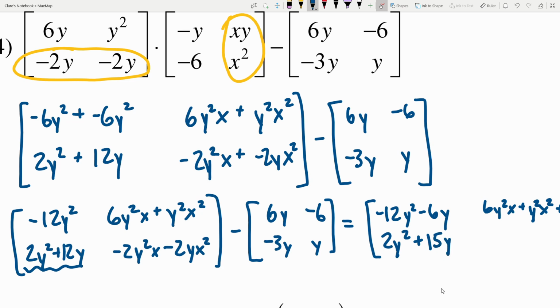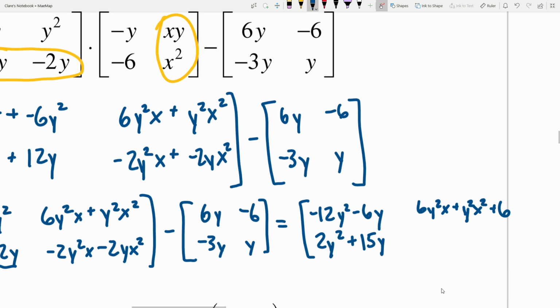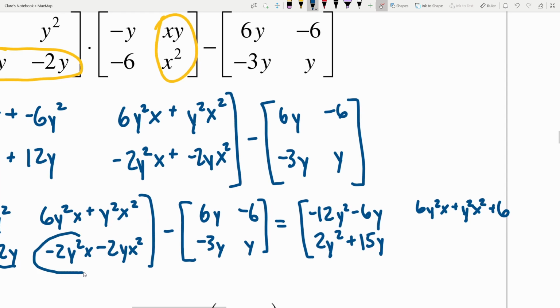And then lastly, negative 2y squared x minus 2yx squared minus y. Nothing can be combined, so I'll rewrite that. Negative 2y squared x minus 2yx squared minus y.